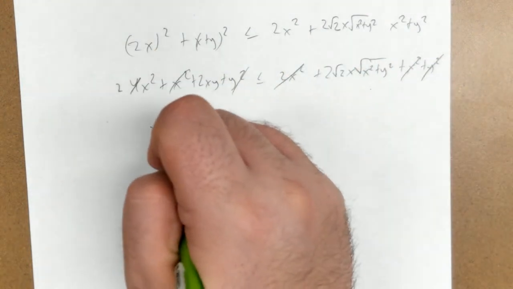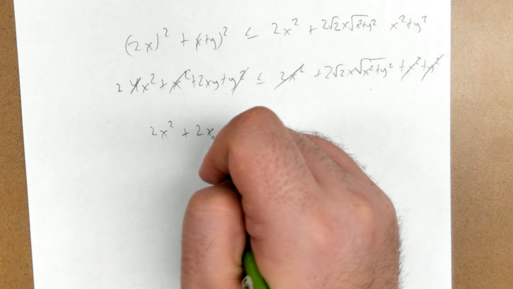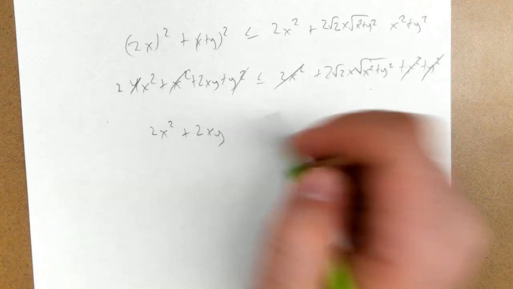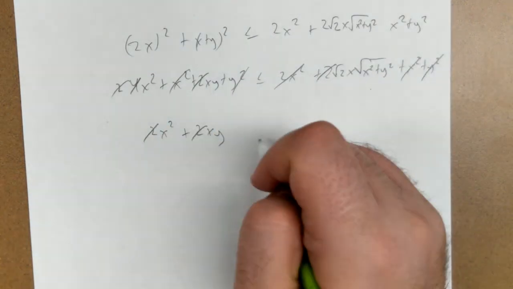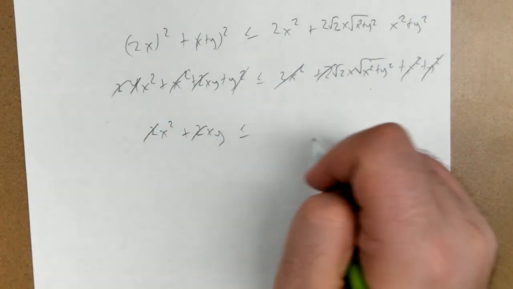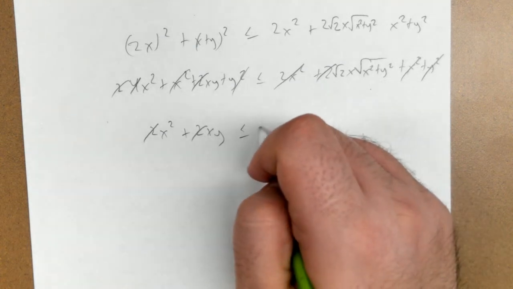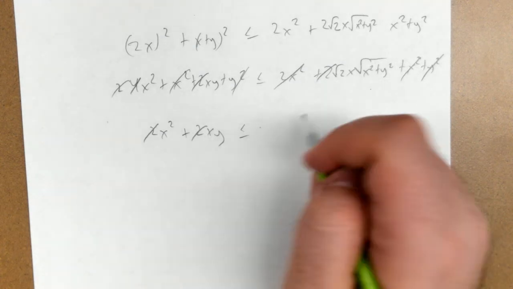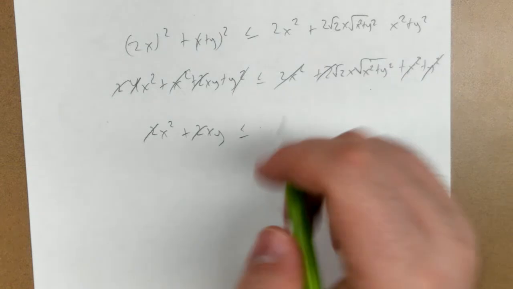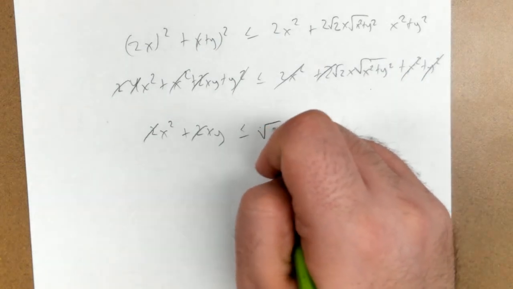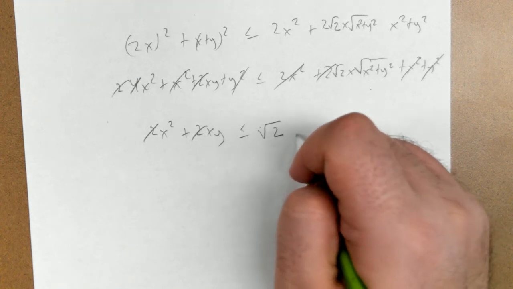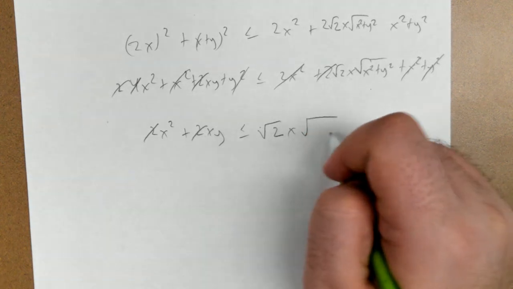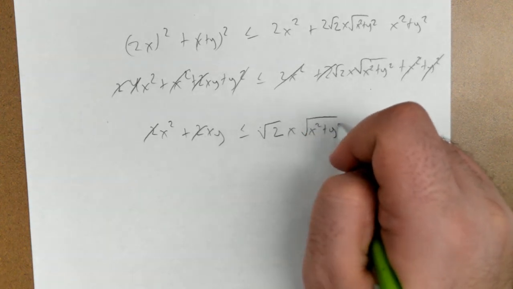So 2x squared plus 2xy. I guess actually those 2's cancel as well. So x squared plus xy is less than or equal to root 2 x and then x squared plus y squared.